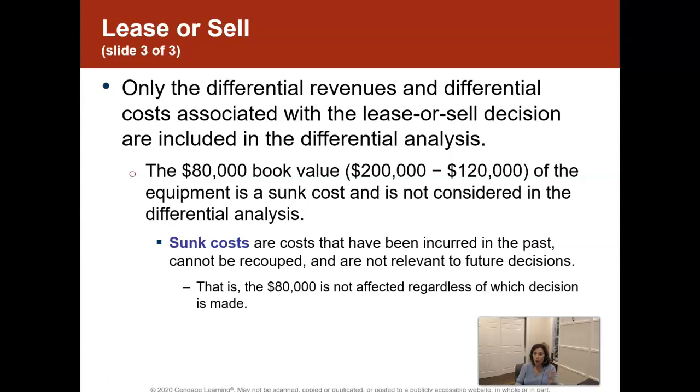And what you don't want to do is make a decision based upon sunk costs. That's pretty much a universal concept, and often the path to not good decision making, if you were to incorporate sunk costs in that.